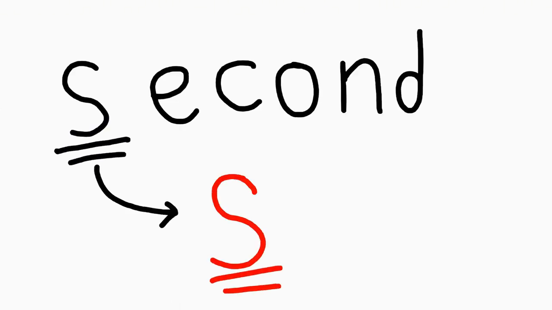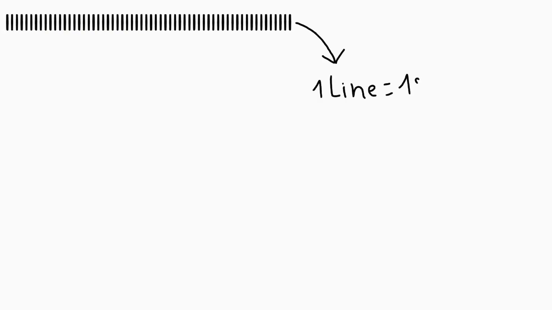Its base unit is second, and the symbol is the letter S. Imagine if we take 1 second as a stick. This line right here illustrates 60 seconds or 1 minute.